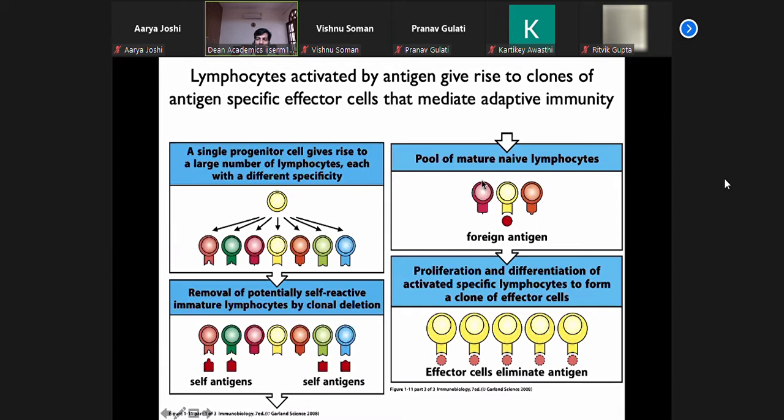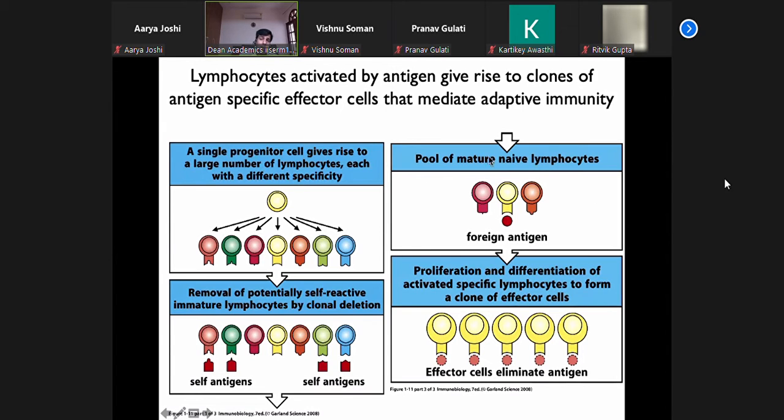You are left with these three clones. It's not three, it's just a cartoon to show you still have billions and billions of specificities remaining. But those clones which were potentially autoreactive are deleted.